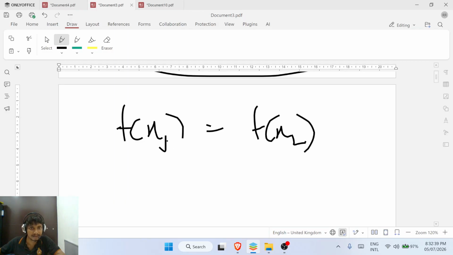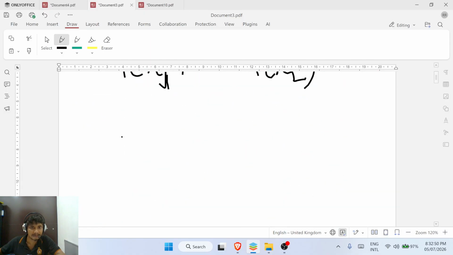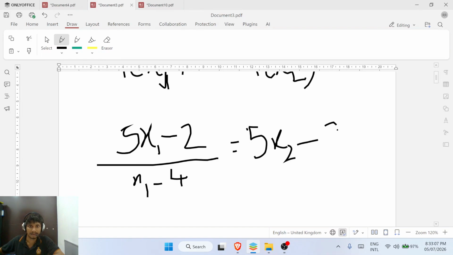Now I substitute x1 into the function f of x. What is f of x? F of x is 5x minus 2 divided by x minus 4. Therefore, f of x1 is equal to 5x1 minus 2 divided by x1 minus 4, which is equal to 5x2 minus 2 divided by x2 minus 4.